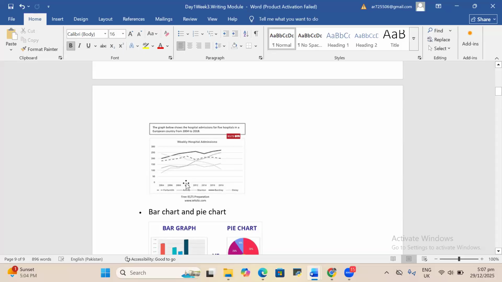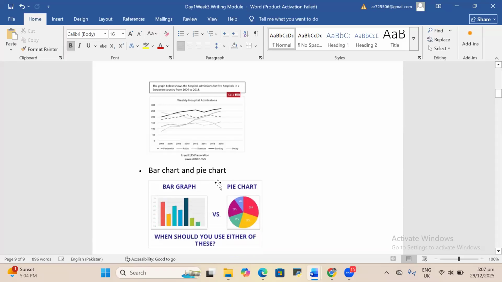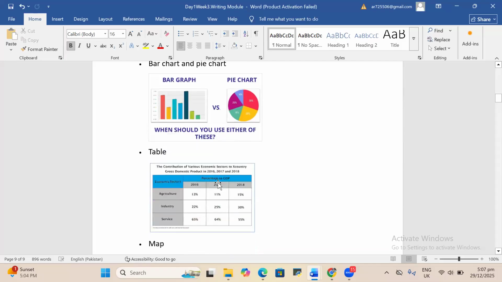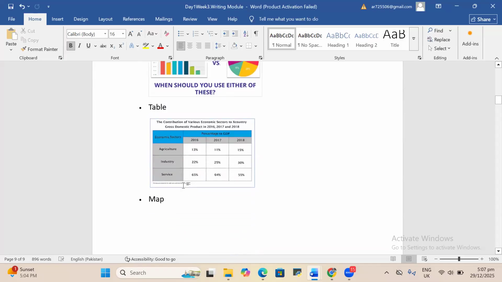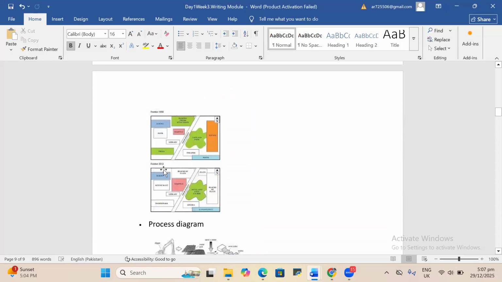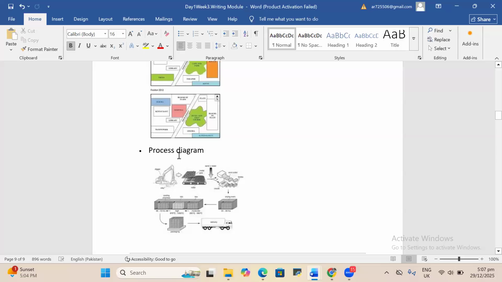The second type is the bar chart, and then the pie chart. The table question looks like this, and this is the map, and this is the process diagram.